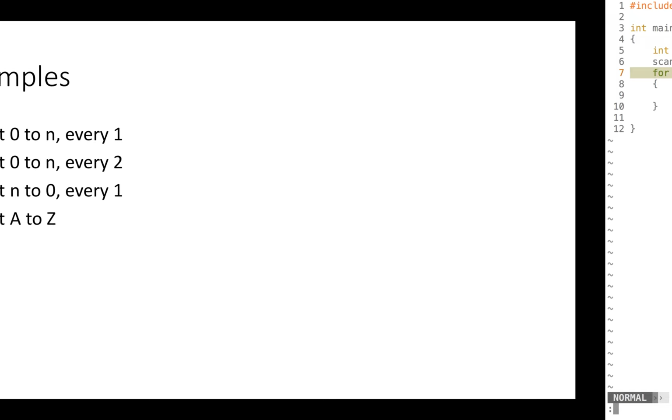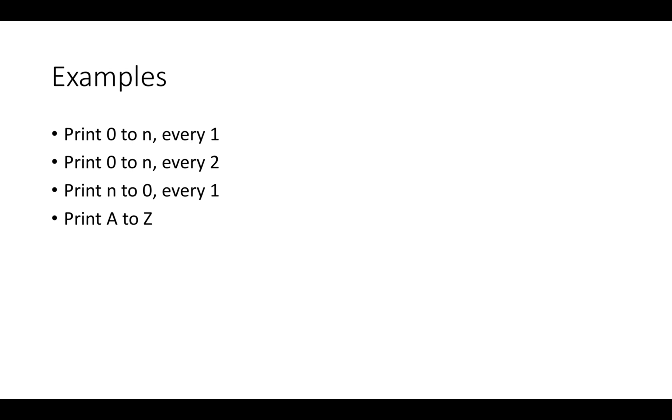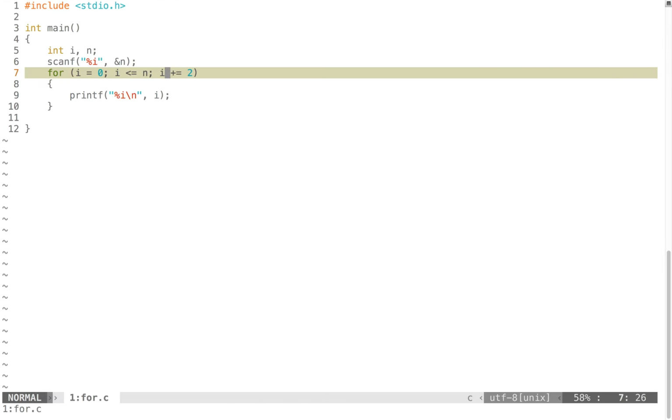So that's by 2. The third one we want to do is n to 0 every 1. So we're going to need to change our loop around here a little bit. We can actually do this one, I think, without any second variable. One of the things we can do in a for loop is we don't actually have to put anything inside the initialization, the comparison, and the increment sections. We can leave our initialization section completely empty like that.